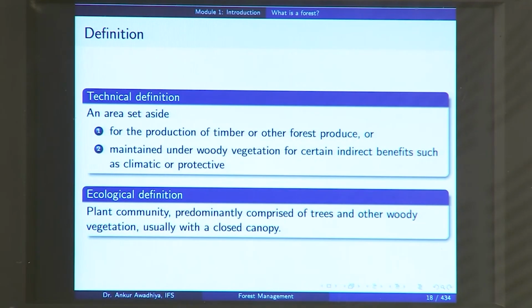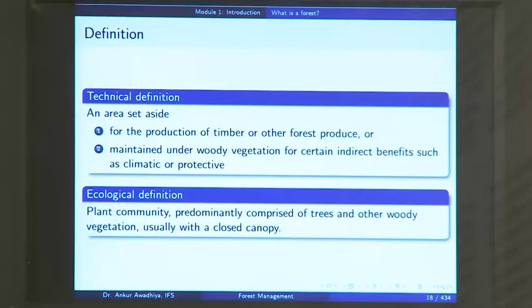What it says is, at times you are not looking at just the direct benefits such as timber or non-timber forest produce. You might even be looking at some indirect benefits such as maintenance of a local microclimate, or for some other protective purposes, such as having trees on both the banks of a river so that the soil is not eroded.